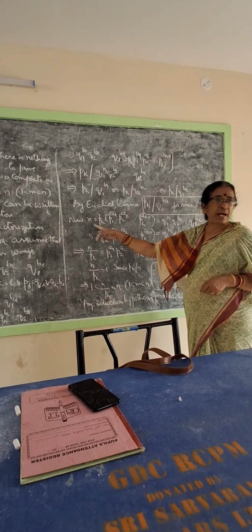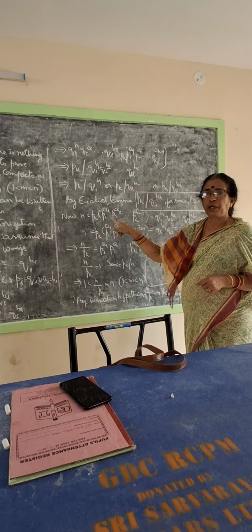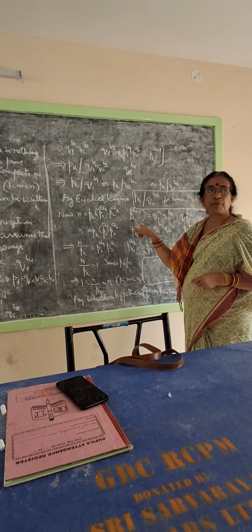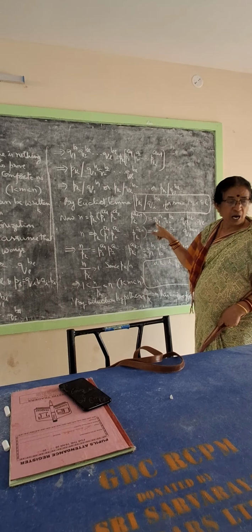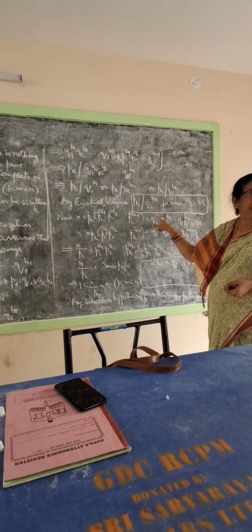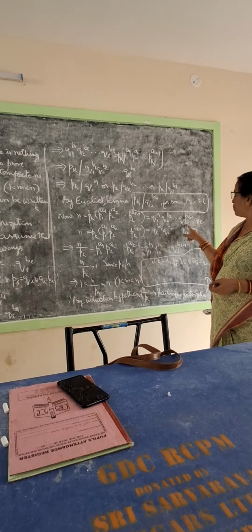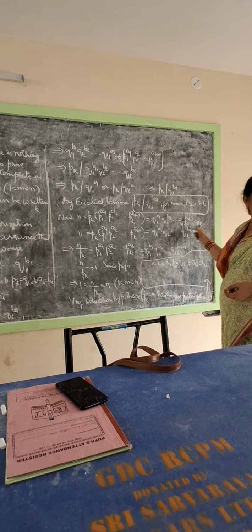Now once again bring back n. n equals pk into p1 to the power of a1, p2 to the power of a2, pk to the power of ak minus 1. And another representation: q1 to the power of b1, q2 to the power of b2, etc., ql to the power of bl minus 1 into ql.